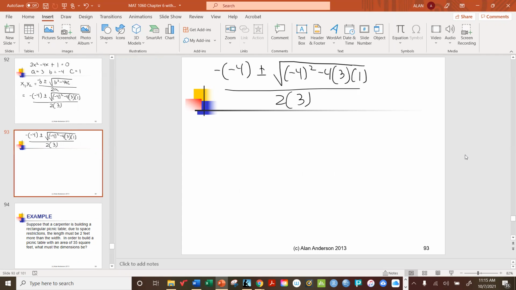All right, so we have 4 plus and minus the square root of 16 minus 12, over 6.